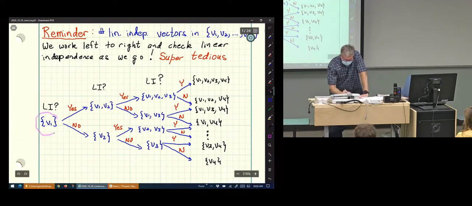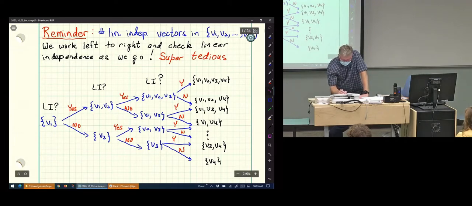Is this a linearly independent set? That's if and only if V1 is not equal to 0. That can be yes. That can be no. If it's yes, throw in V2 and ask if that's linearly independent. If this was the 0 vector, now you move on to V2. If this is yes, then you add in V3.